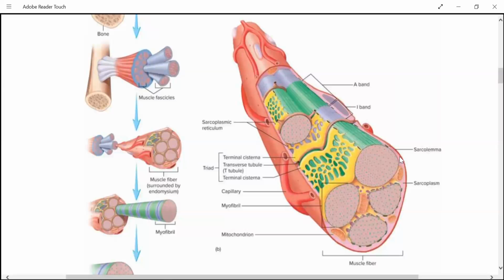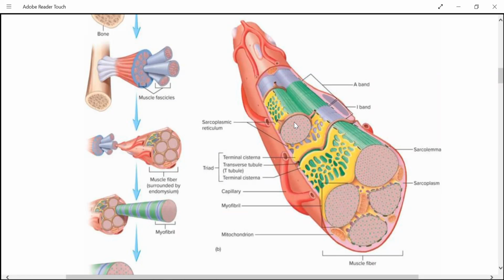You can see our cell membrane here is labeled as the sarcolemma. The cytoplasm of our muscle fiber is labeled sarcoplasm. One myofibril is this group here.